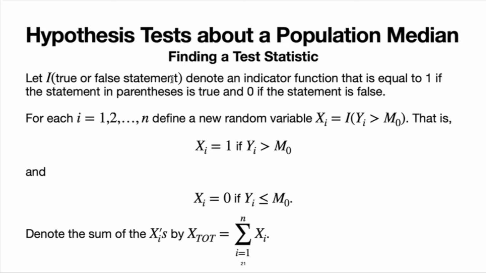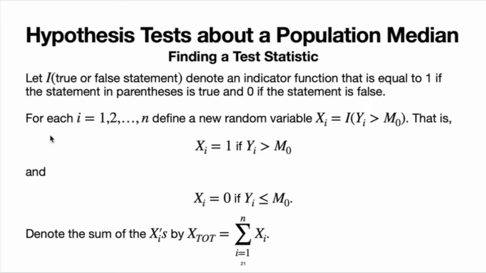It could be a relationship, any kind of statement that is either true or false. The indicator function is defined so that it's equal to 1 if the statement in the parentheses is true, and 0 if the statement is false.